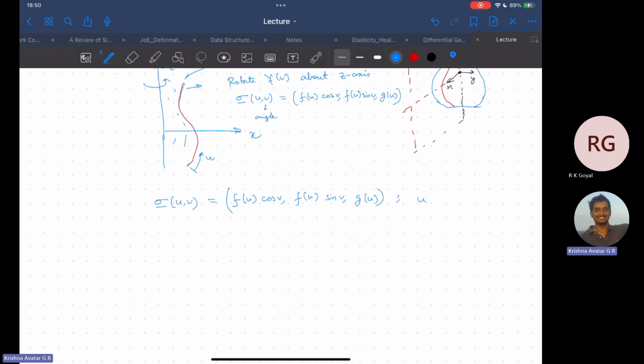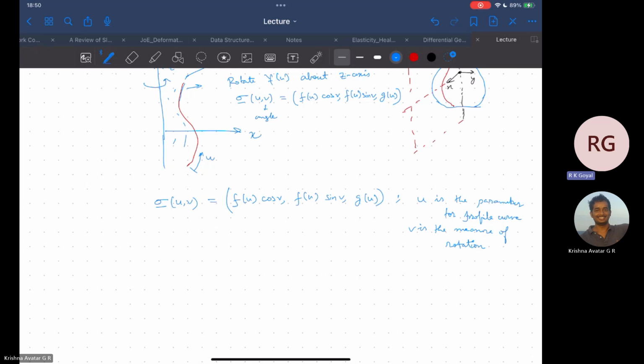And u is the parameter for the profile curve, and v is the measure of rotation.